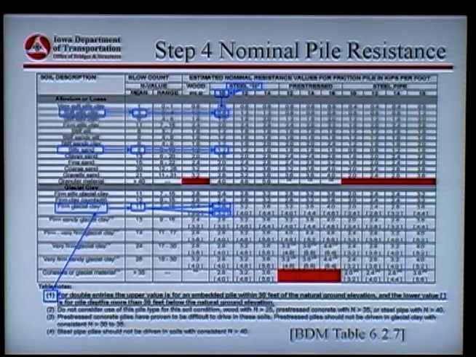Okay, so now we're coming here to step 4. This is right out of the blue book. As we go through this, I want to take you to your manuals.